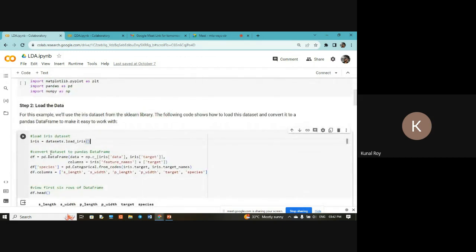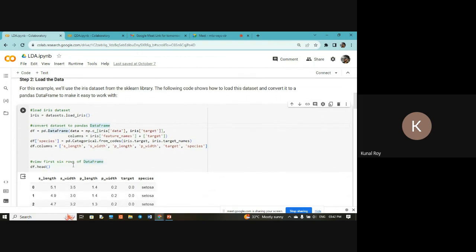So first, this data set is converted into a data frame. You have studied the pandas library, which is used for converting a data set into data frames. Data frames are nothing but the data points, or we can say the independent variables.